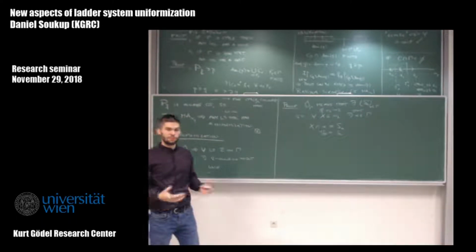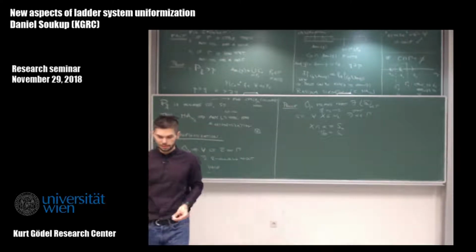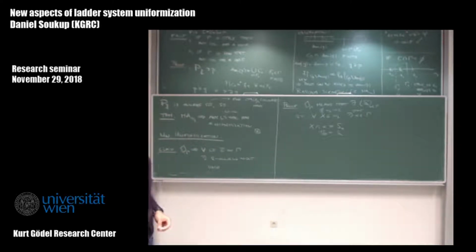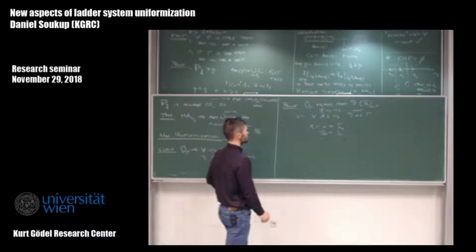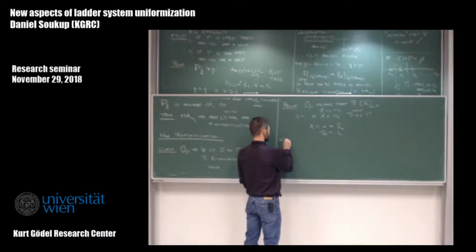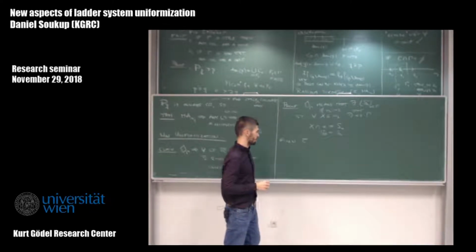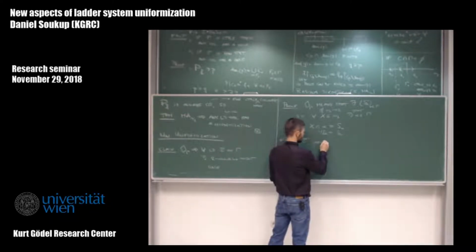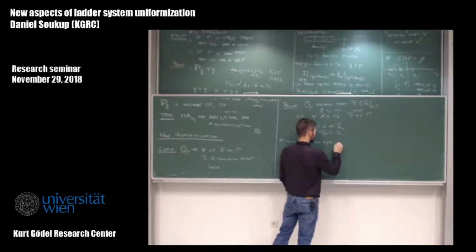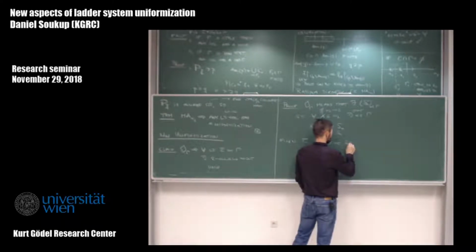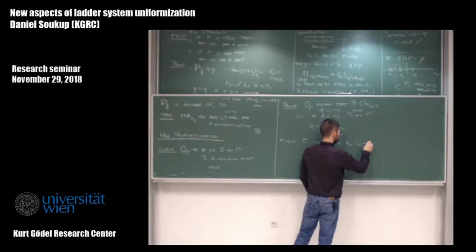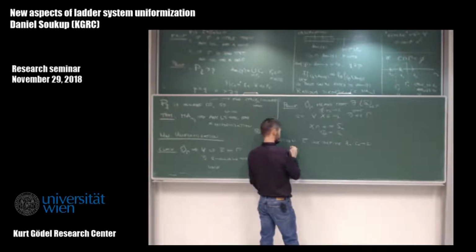Diamond for functions, diamond for sets, these are all the same axioms. Okay, so now given a ladder system C, this is what we do. We define F alpha on C alpha to 2 as follows.